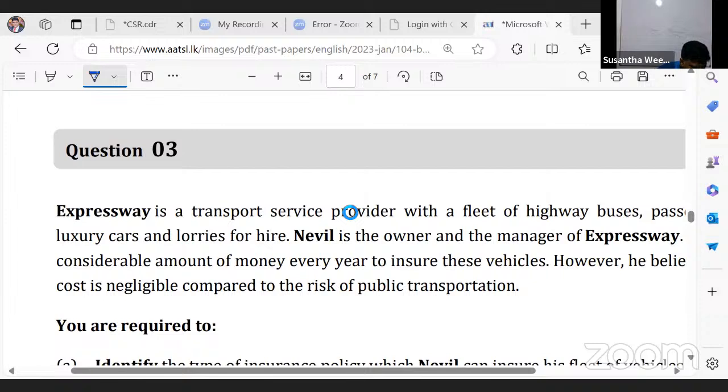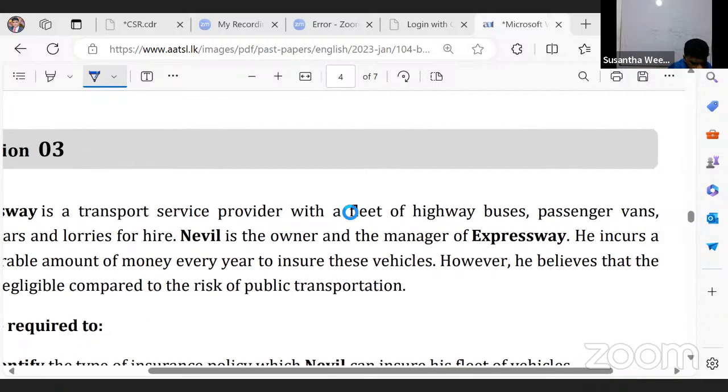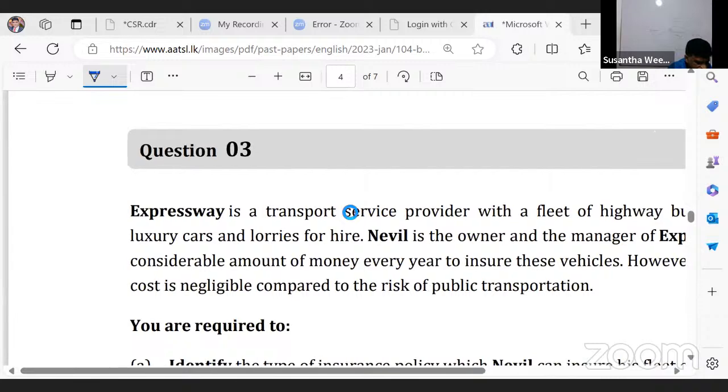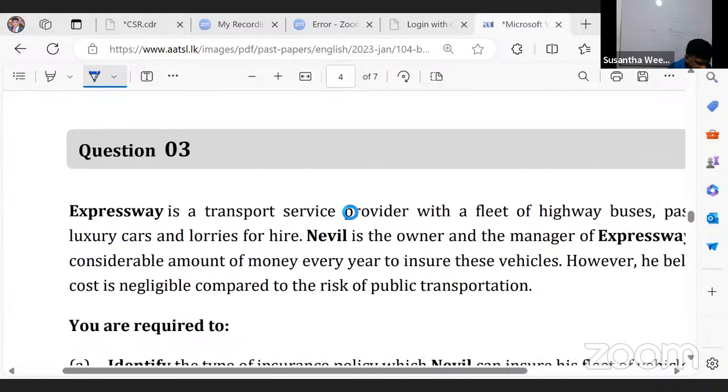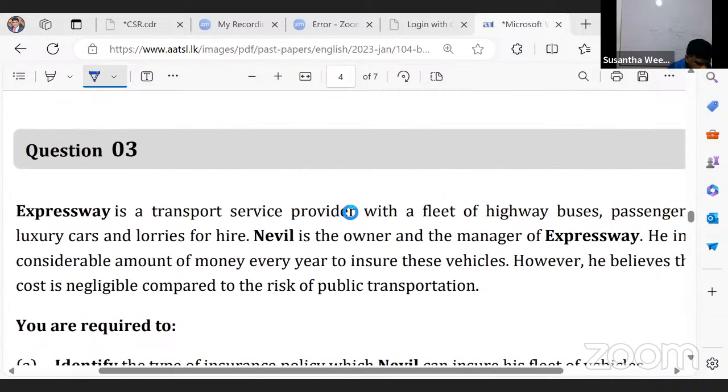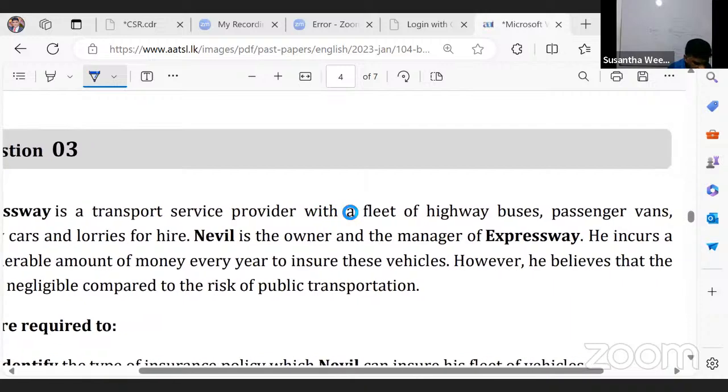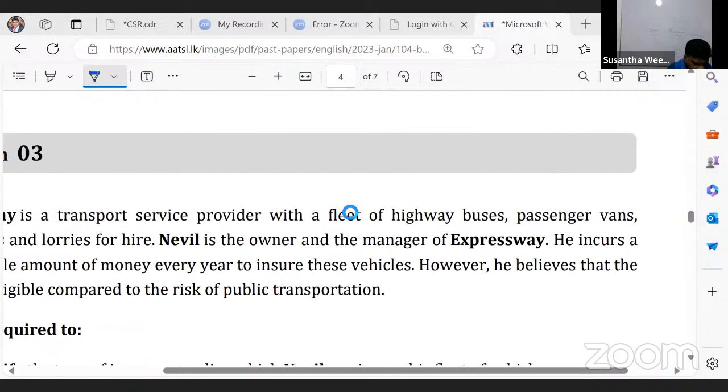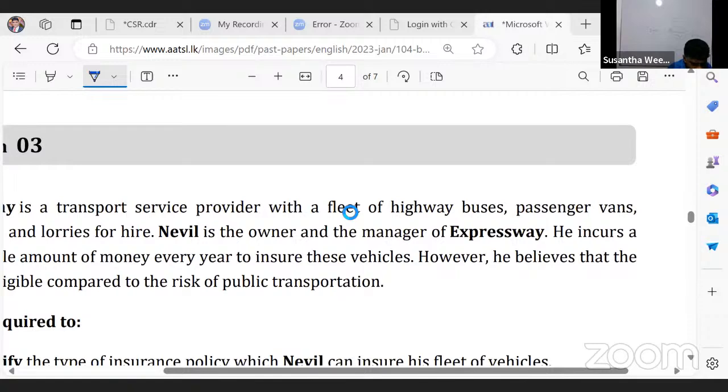Expressway is a transport service provider with a fleet of highway buses, passenger vans, luxury cars, and lorries for hire. Neville is the owner and the manager of Expressway.